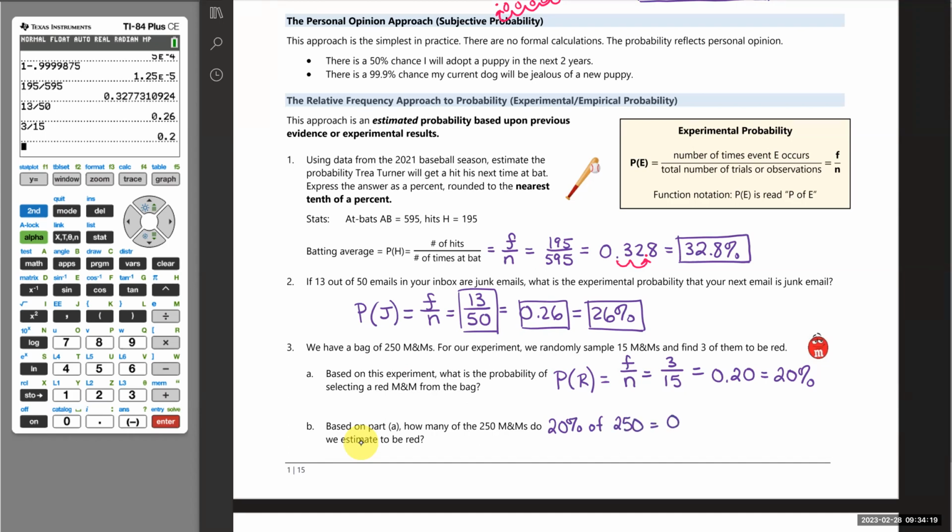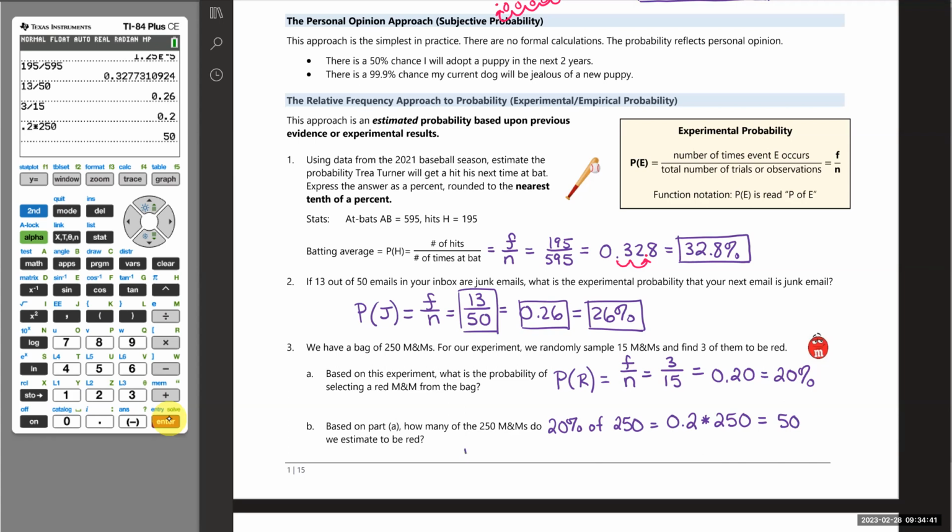So to find that proportion, we can take the decimal version there of 20%, 0.2. So that portion of the 250, so you multiply to find the proportion of a number. So we'll just take 0.2 times 250, and that tells me 50.